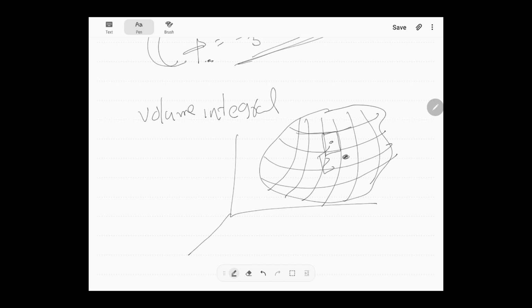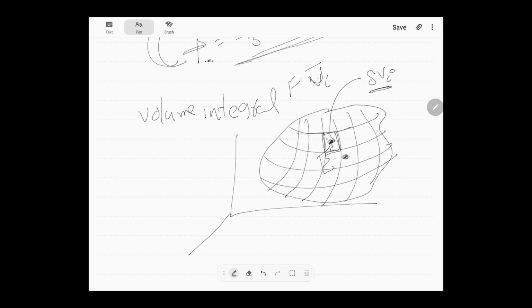Take one small part. This will have some volume. Let us call that volume delta Vi. This is the ith subpart, and this is delta Vi. In this region, you take one point ui bar.